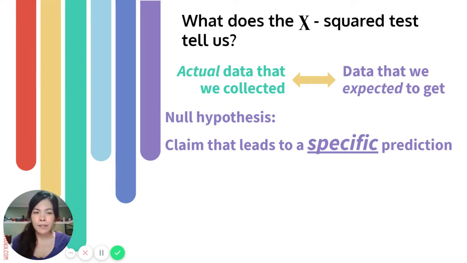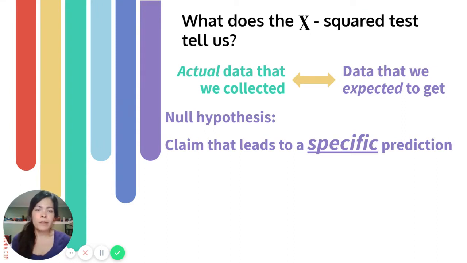Specifically in the context of a chi-squared test, we're going to use a working definition of a null hypothesis as a claim that leads to a specific prediction, and that specific part is important. You might be thinking about the video that you had to watch before, where I told you that a hypothesis is either an explanation about why things are the way they are in nature, or a claim about patterns that exist in nature.